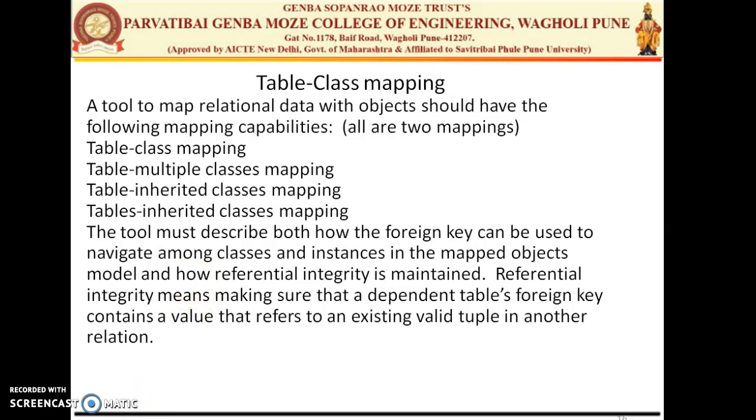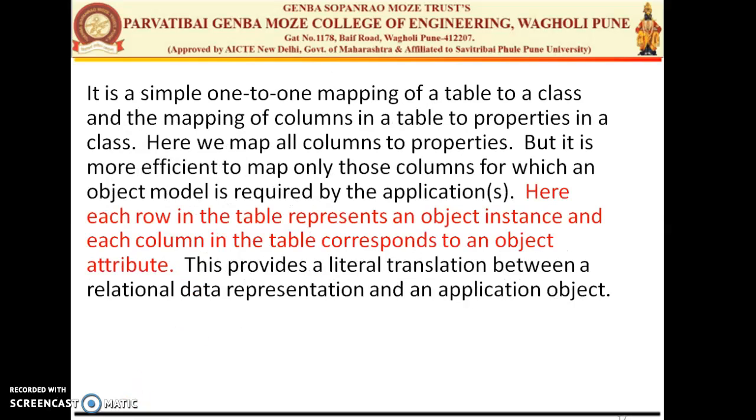We'll see one by one the different mandatory things needed by the tool to map. It is a simple one-to-one mapping of a table to a class, and the mapping of the columns in a table to the properties in the class. Whatever columns or attributes are in the table are mapped to the properties or attributes of your objects.